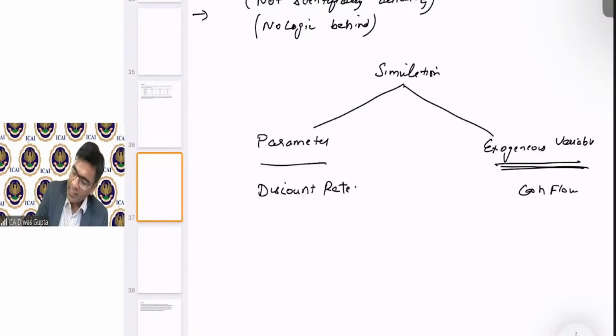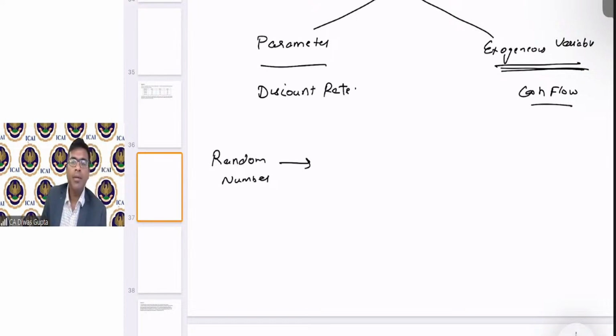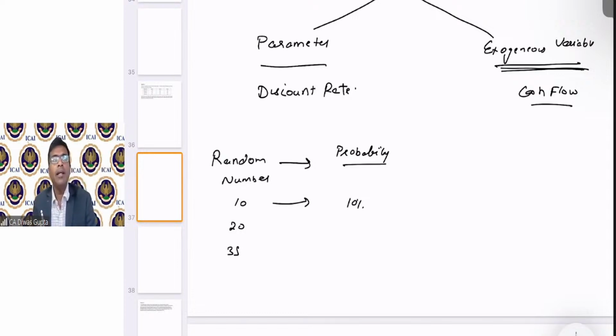I will try to explain it again with the help of the question, but please try to understand what the chain is doing here. We are taking some random number. That random number is used in the probability. Let's say the random number is 10, 20, 35. So against this 10, let's say 10% probability, what is the cash flow coming out to be?